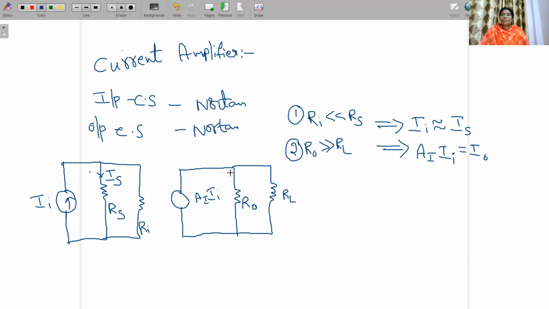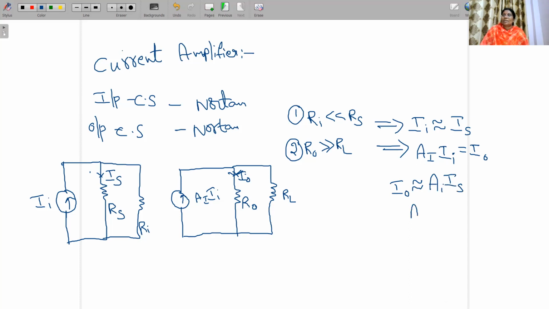The current flowing through the resistance R naught, that is I naught. So I naught is equal to AI into IA, right? This is also the current source. And if IA is approximately equal to Is, then I naught is approximately equal to AI multiplied with Is.